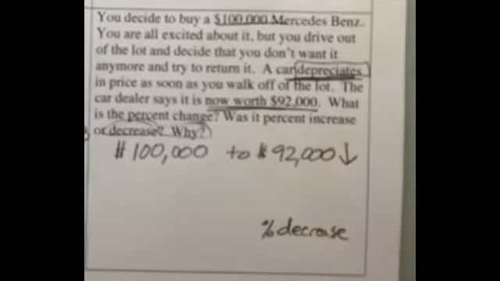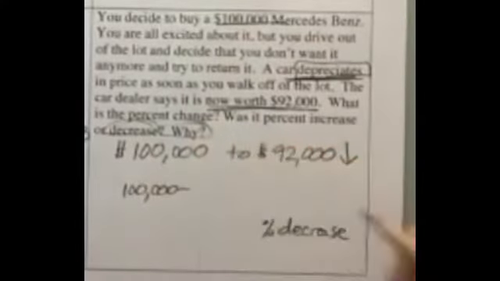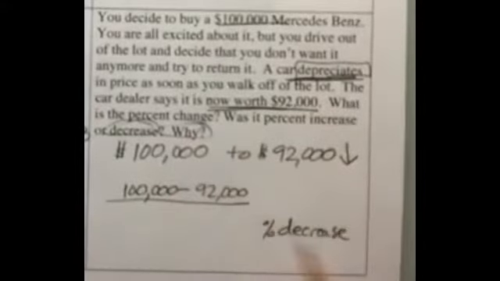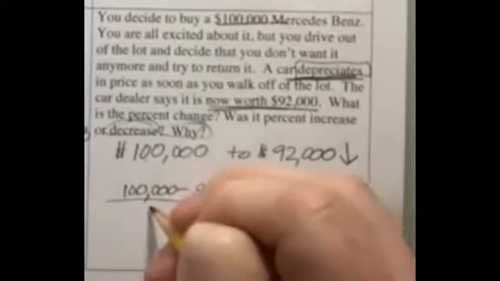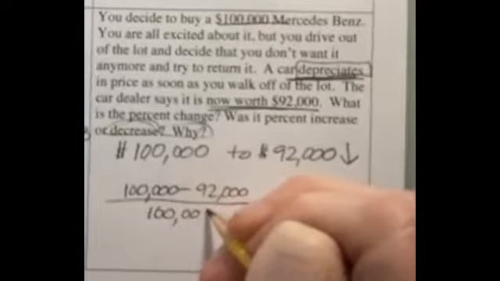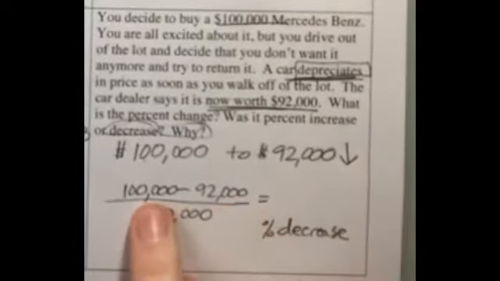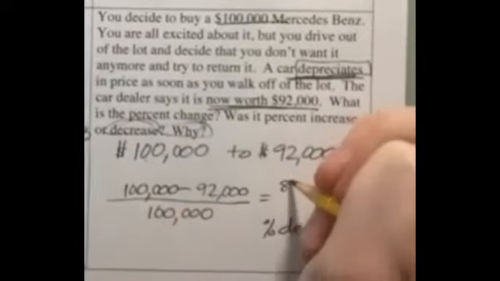Now I'm going to find my change. I'm going to take the $100,000 minus the $92,000 over its original, what it was valued at the start. 92,000 from 100,000 is $8,000.